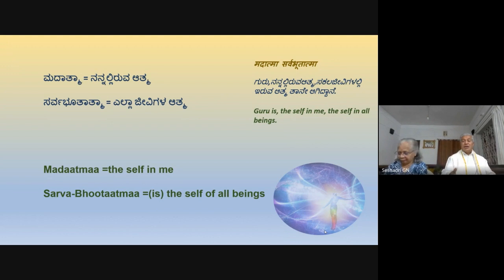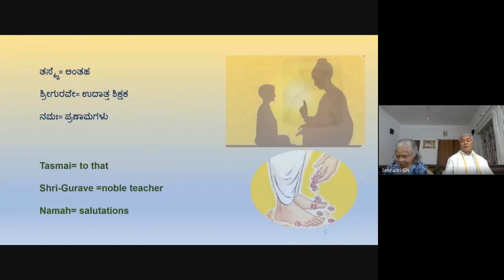And this is indicated to me by the Guru. So to that Guru who has revealed this great truth to me, we offer our Namaha, we join our hands, Namaste. And in Namaste also you will find out what? The self in you and the self in me are one and the same.